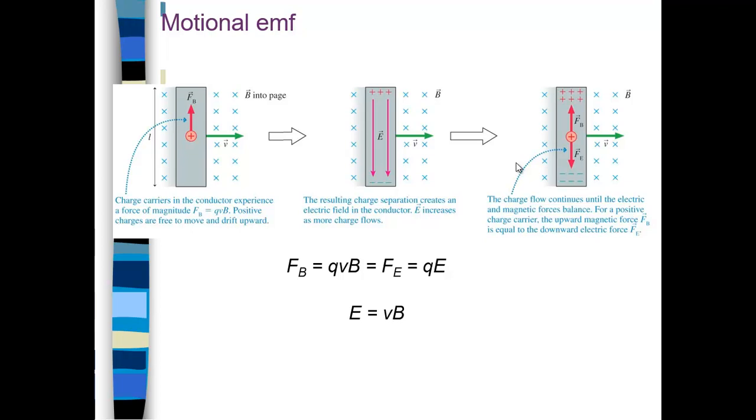The electric field is equal to the velocity times the magnetic field, or the electromotive force is equal to the velocity times the length of the conductor times the magnetic field. So you can calculate your electromotive force just by knowing the velocity that you're pulling something through a magnetic field, the length of that object, and the intensity of the magnetic field.